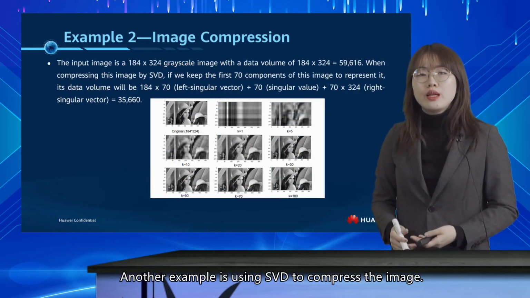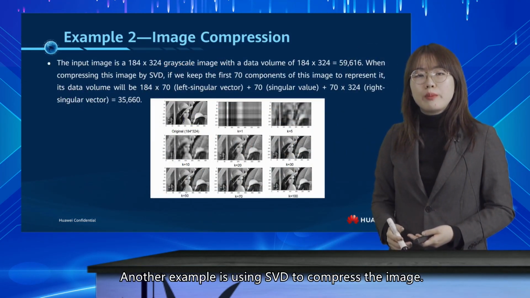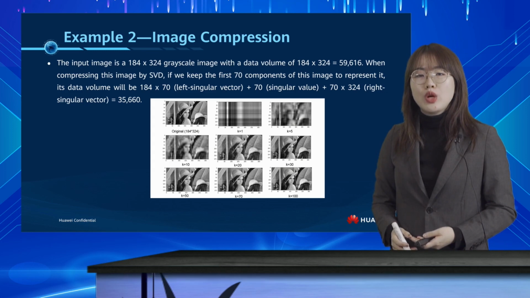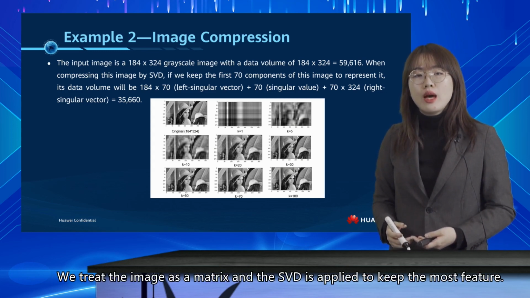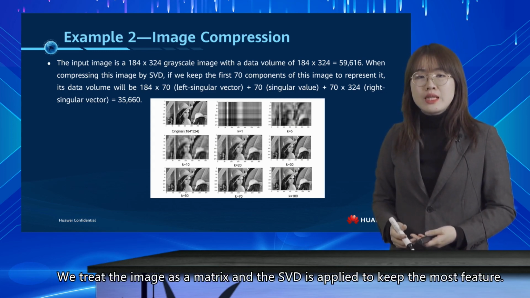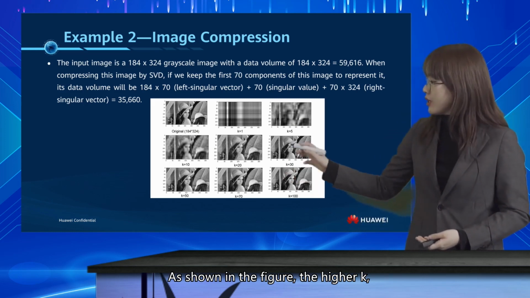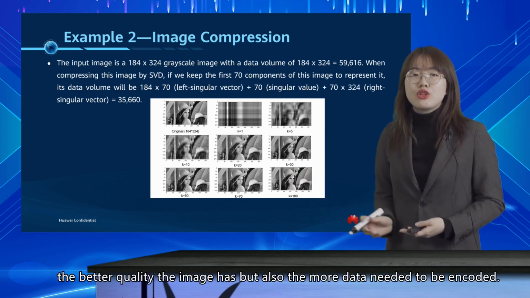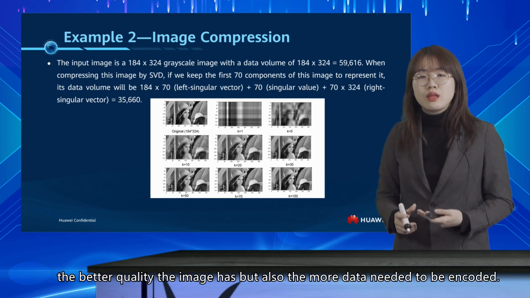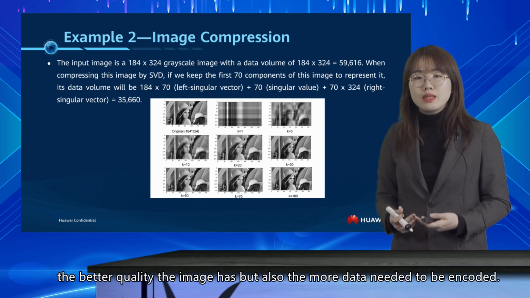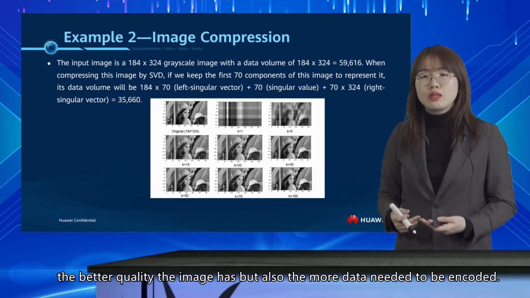Another example is using SVD to compress an image. We treat the image as a matrix, and SVD is applied to keep the most important features. As shown in the figure, the higher K, the better quality the image has, but also the more data needed to be encoded.